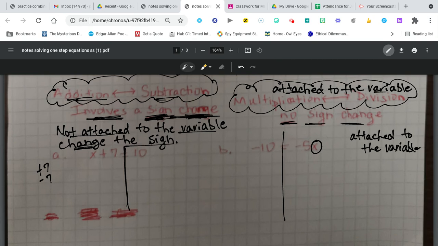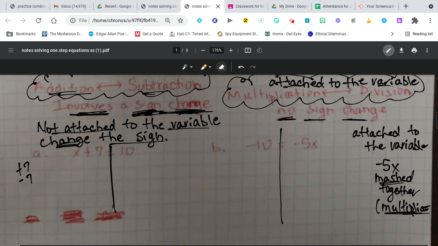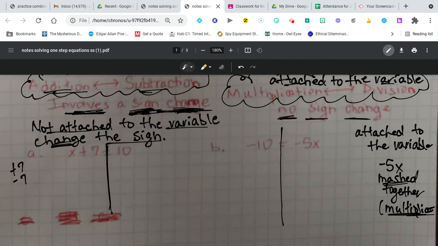So if you don't know this, anytime you see it mashed together, that means it is multiplication. Anytime it's mashed together, it's multiplication, guys. So if I look at these two, the number and the variable mashed together, this means that it's multiplication.